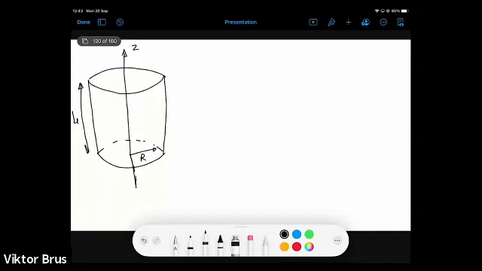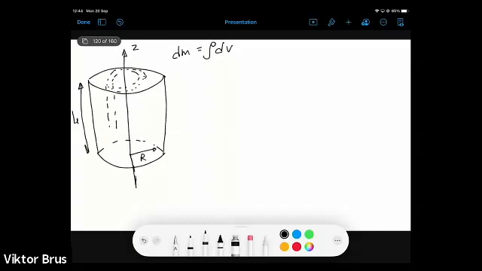So in order to proceed here, dm is density, which is considered to be uniform, times dV. And dV, we need to define it in order to make it convenient for us. So we can go for some system like this.